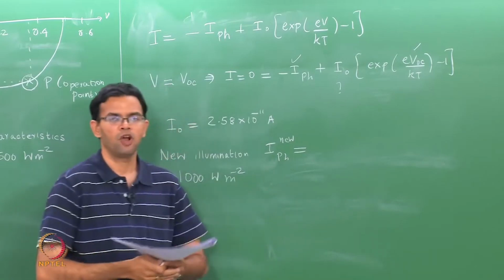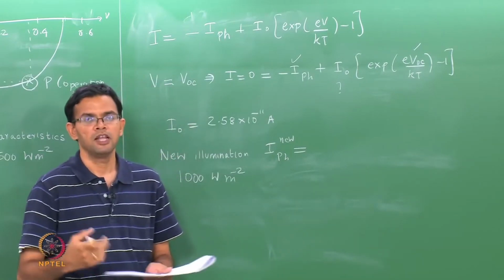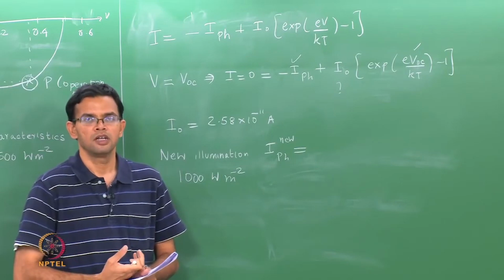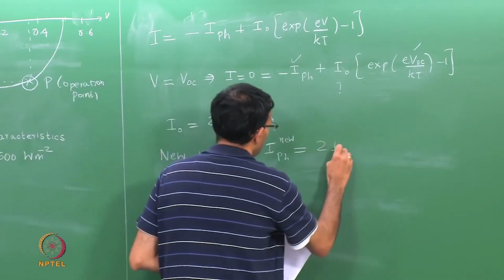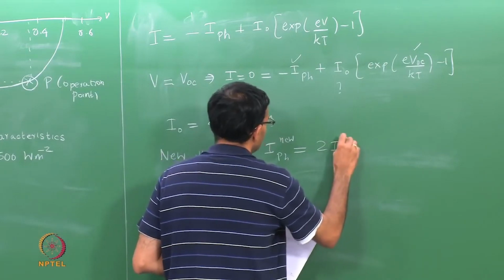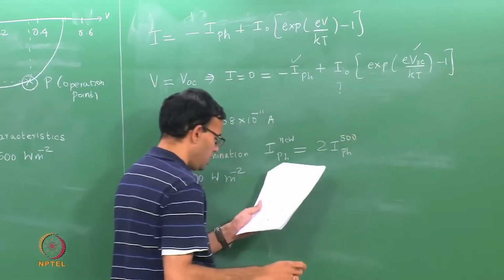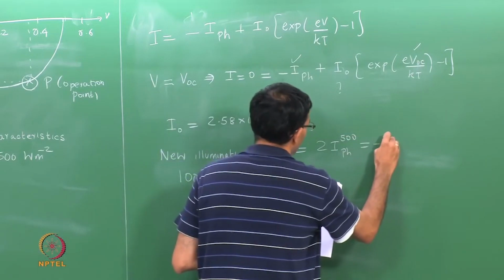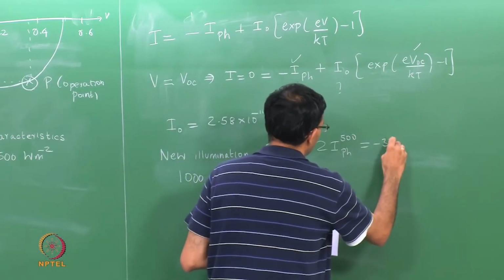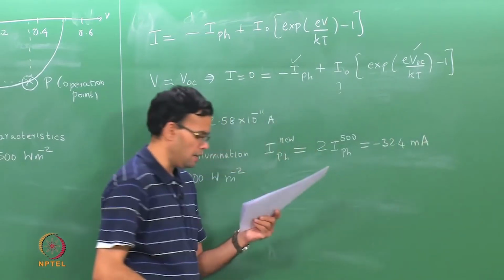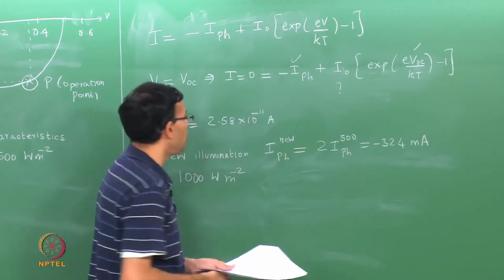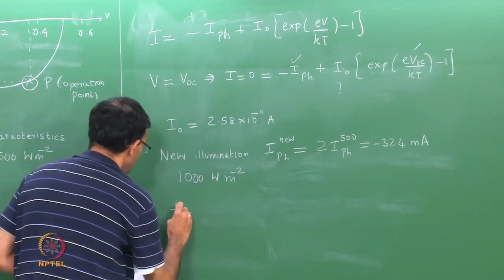So, in the previous problem we saw that when the illumination is doubled, the short circuit current is essentially doubled. So, IPH nu is 2 times IPH at 500. So, this is minus 32.4 milliamps.